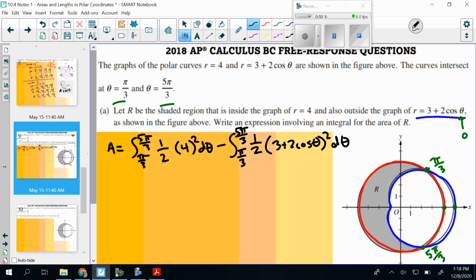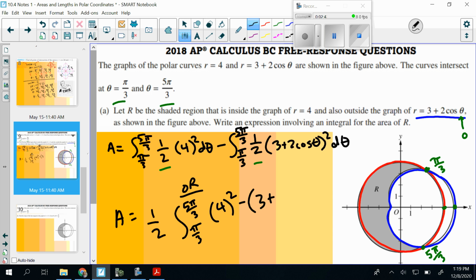Another way you could write this answer that would also work here, you won't have to do both of these, would be combining them into one. So if you took that half and took the constant half out of both of these and factored it out, you could also write it as 1/2 the integral of pi over 3 to 5 pi over 3 of 4 squared minus this other function squared d theta, and write it as one integral.